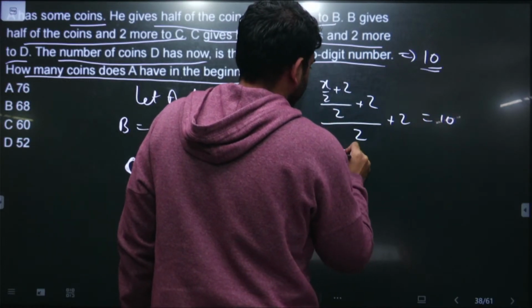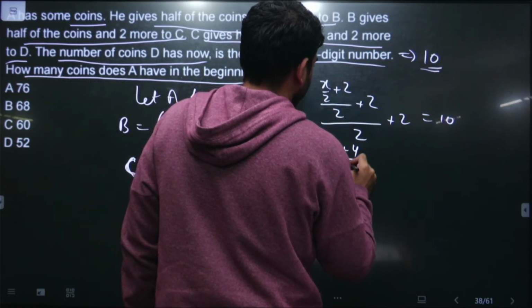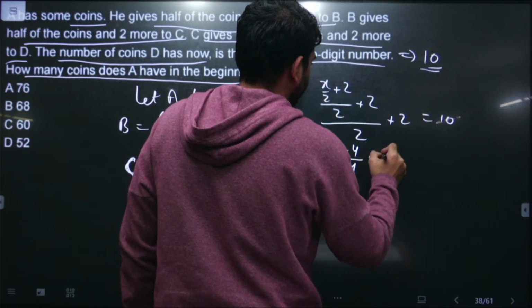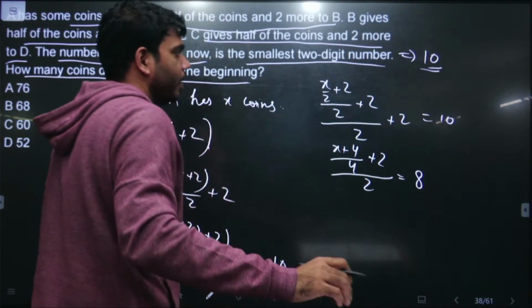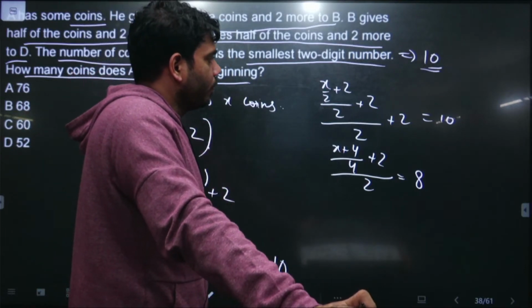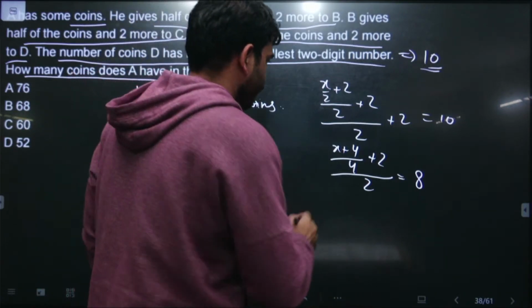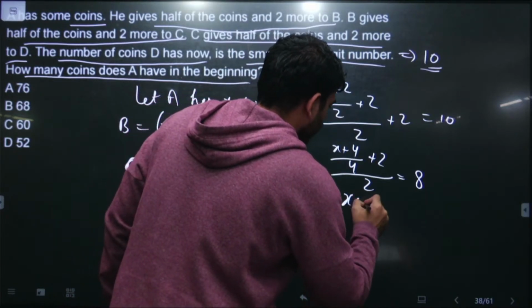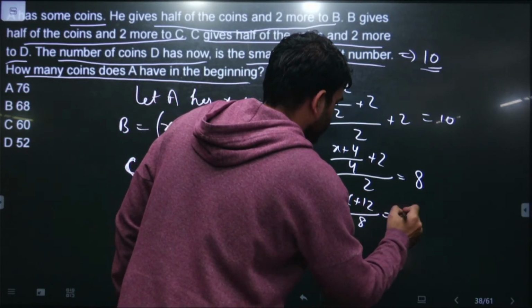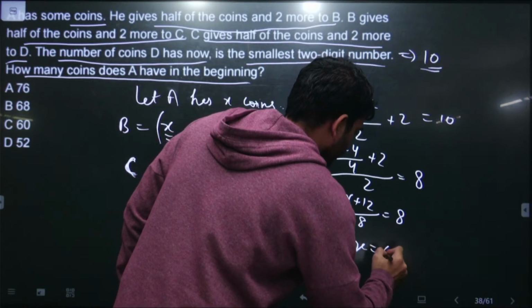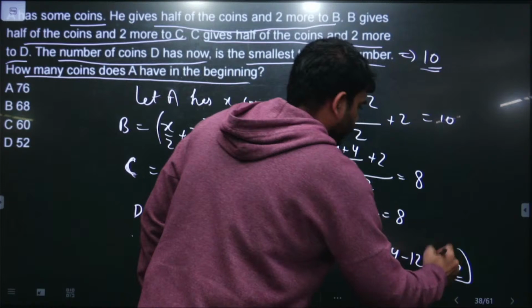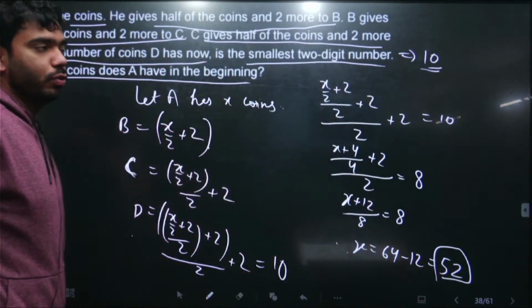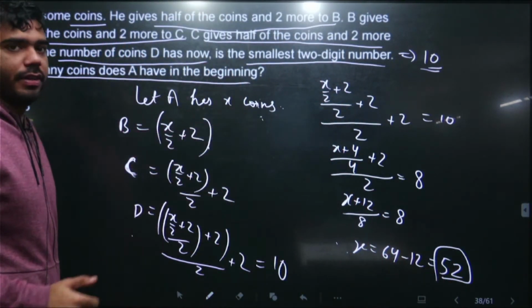So this is x plus 4 upon 4 plus 2 upon 2 is equal to 8. x plus 4 upon 4 plus 2 upon 2, that is x plus 12 upon 8 is equal to 8. x is equal to 64 minus 12, that is 52. So x is coming out to be 52. That means the number of coins that A is having is 52.